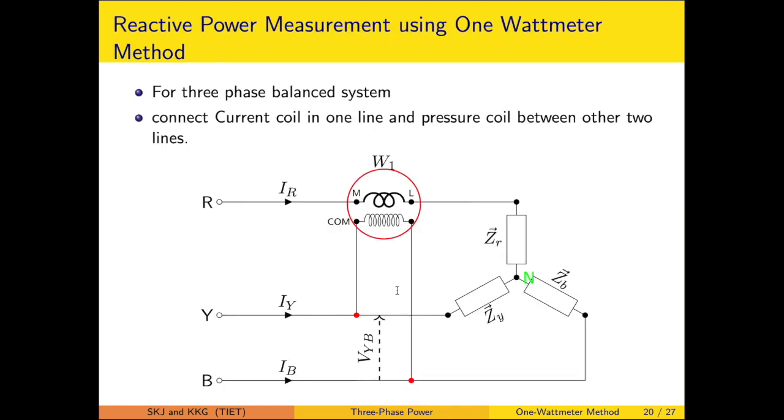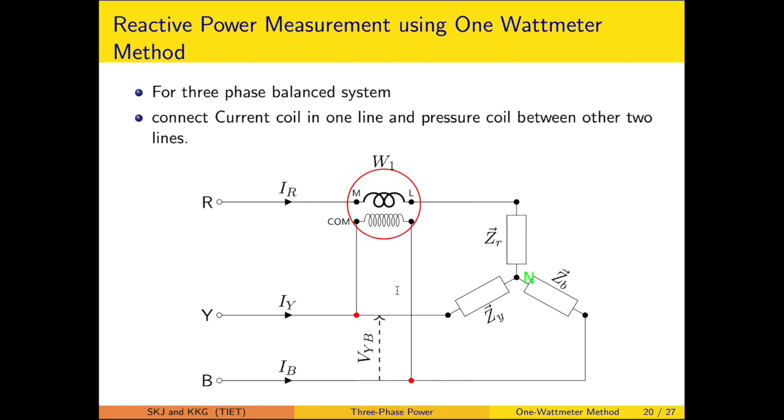Now we can extend the one wattmeter method to the reactive power measurement. For the two wattmeter method, we don't have to take any extra care, because we calculated W2 minus W1 is equal to VL IL sine of theta. So when we multiply this by the root 3 factor, we get the reactive power.